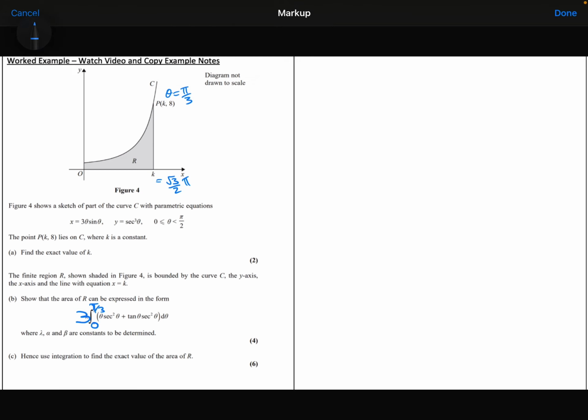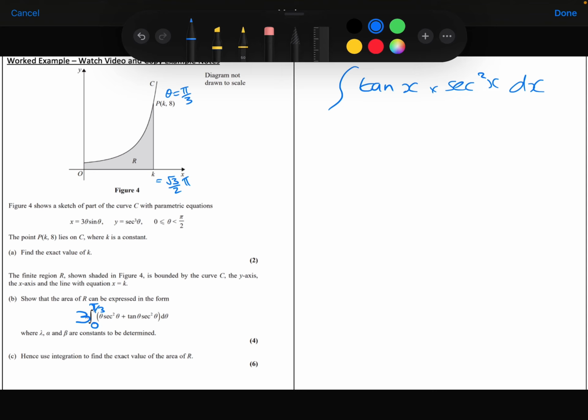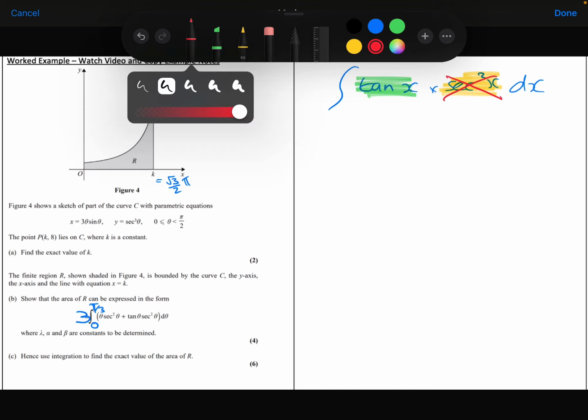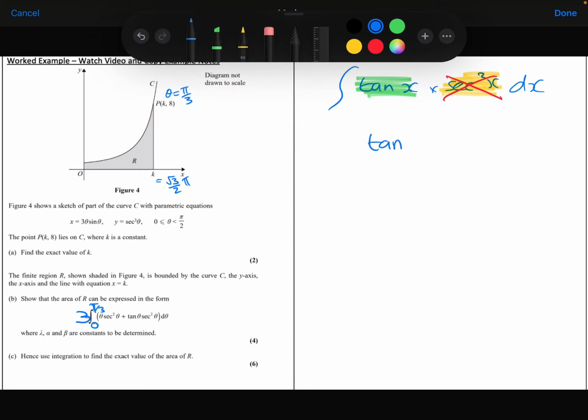Because tan times sec squared. If we are integrating just this, notice that sec squared is the derivative of tan. And therefore, I can ignore that completely, add 1 to the power of tan, and divide by the new power.